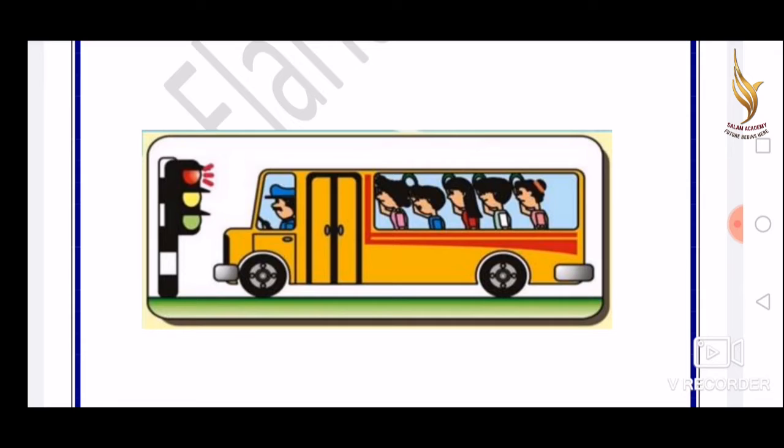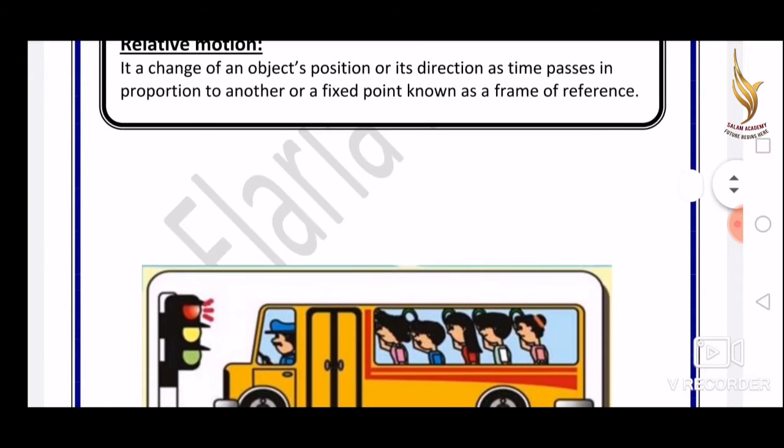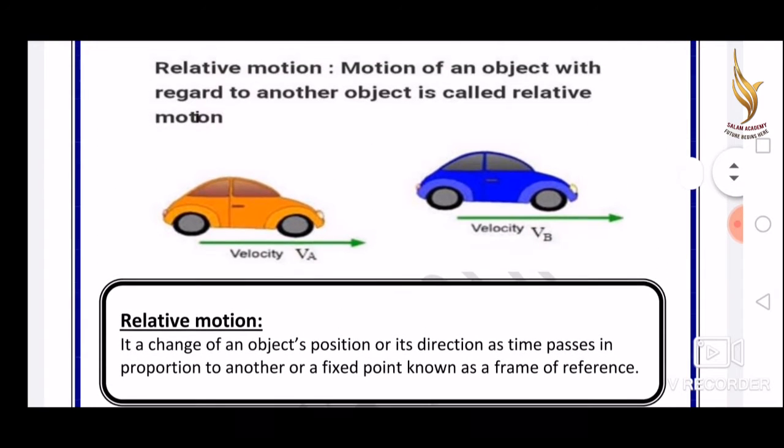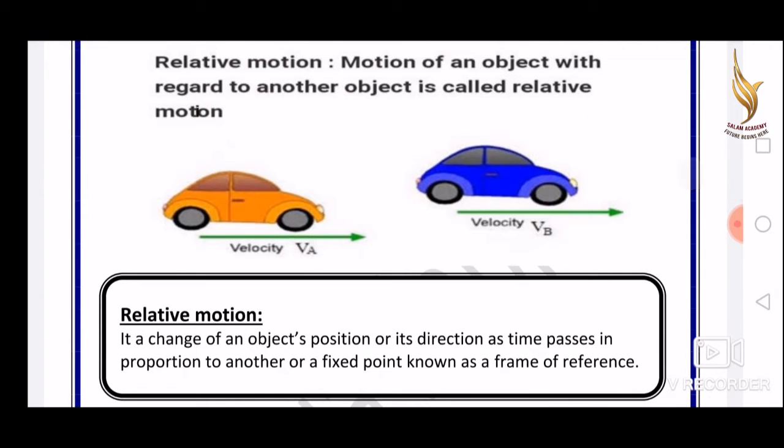We said the bus moves 5 meters per second from the traffic light, or from the fixed point. So the object moves relative to another object, and that is called relative motion. The object moves according to the other object is called relative motion.